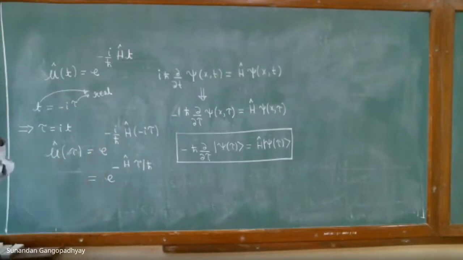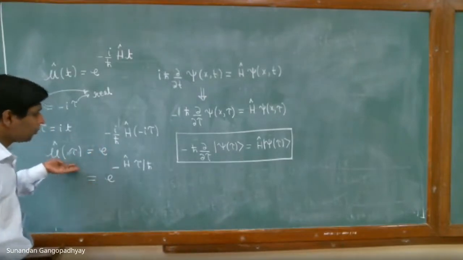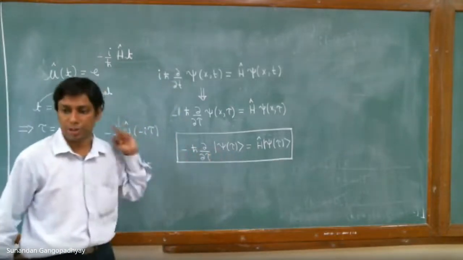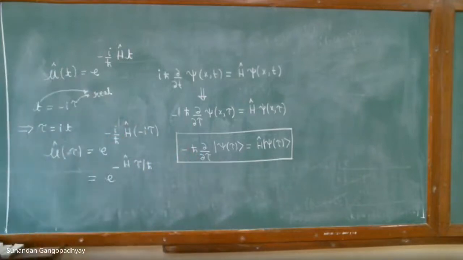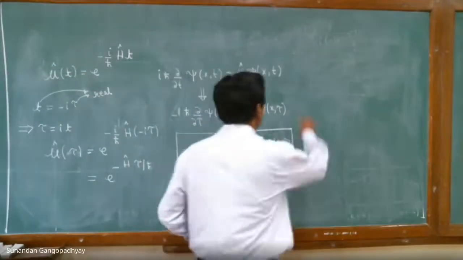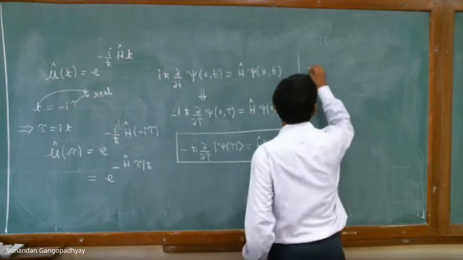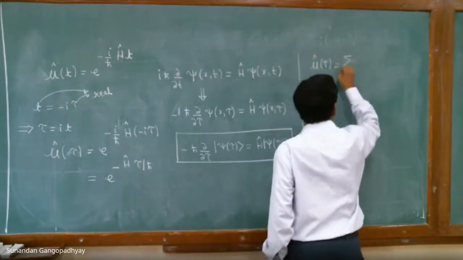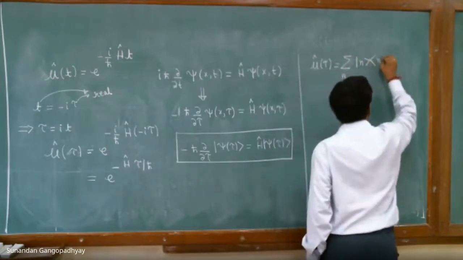So these are some observations that you can make. And as I repeat once more, this time evolution operator is basically the time evolution operator for this Schrodinger equation, where you don't have an i sitting over here. And as before, with this time evolution operator, you can put in a complete set of energy eigenstates.